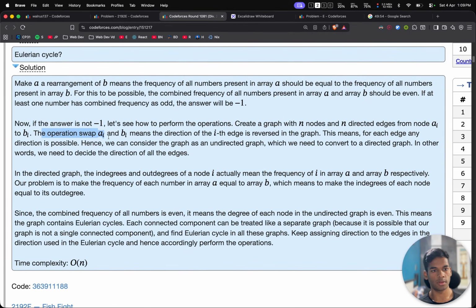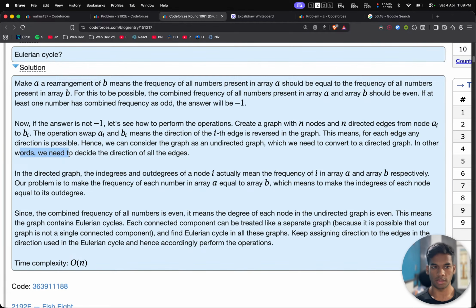Then, yep, the operation swap AI and BI means the direction of the ith edge is reversed in the graph. This means for each edge, any direction is possible. Hence, we can consider the graph as an undirected graph, which we need to convert to a directed graph.